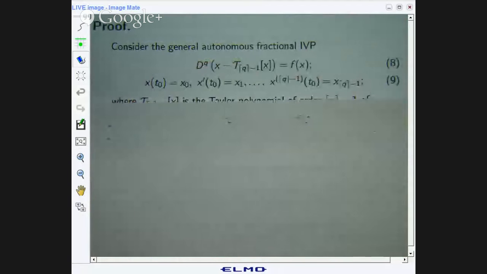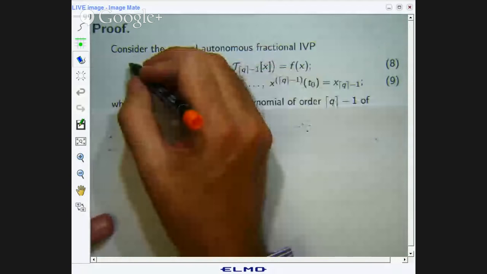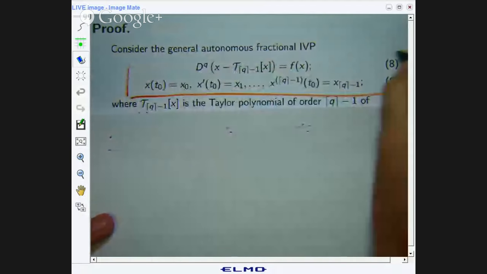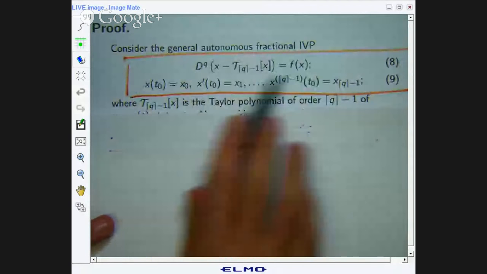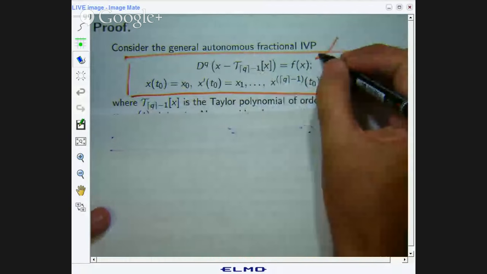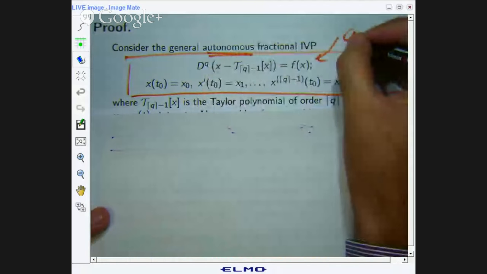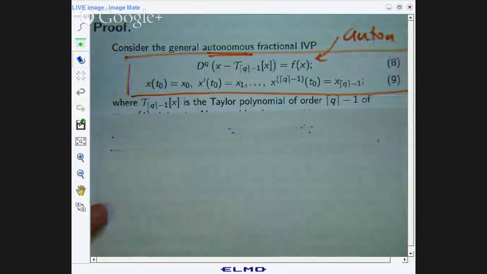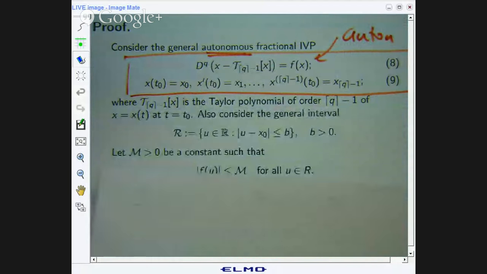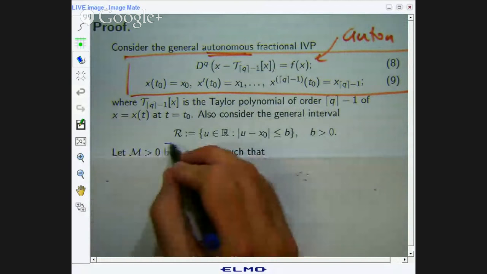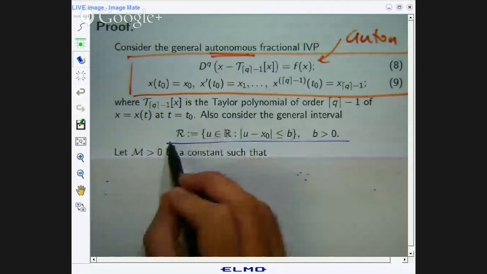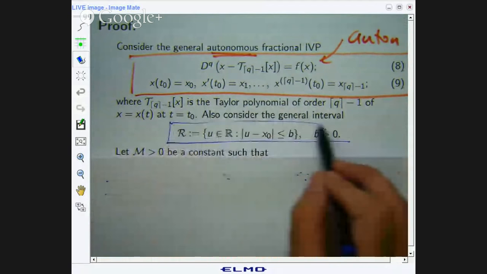All right, so similarly to the previous case, you have this general problem. Again, note f is autonomous. And you form a general rectangle. Or I guess it's not really a rectangle.